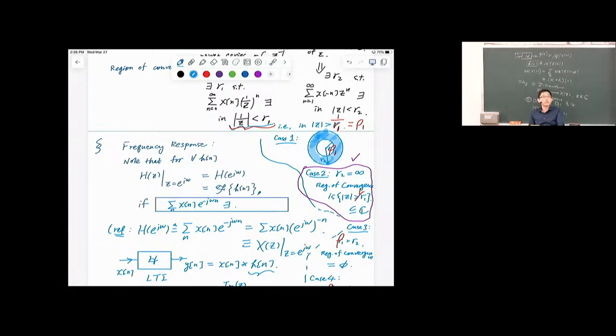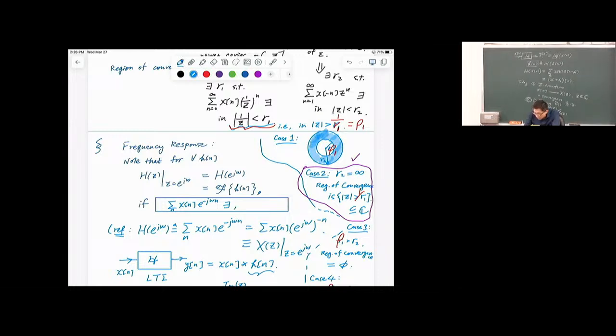In other words, H of z, the z transform when evaluated on the unit circle, is equal to the DTFT if the region of convergence contains the unit circle. Let's say again, okay? We say that the DTFT is well defined if the summation converges, right? In other words, the DTFT is the z transform evaluated on the unit circle if the region of convergence includes the unit circle. Okay?